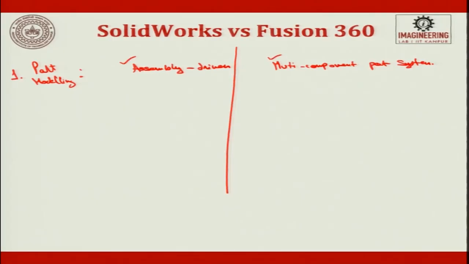Fusion 360 is a multi-component part system in which the components of an assembly are built and assembled in the same file. This actually makes it easier for designers to refer to other components and to build them within an assembly. So unlike SolidWorks, Fusion 360 does not need to refer to multiple files when building an assembly, although larger assemblies in Fusion 360 can cause issues.